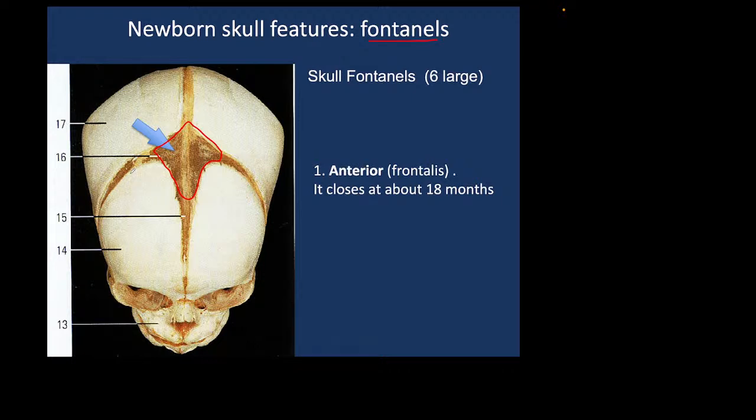When we talk about fontanels, we mean these really soft places where the ossified mesenchyme is. Here it is brown. This brown tissue develops into the dense connective tissue of the skull.